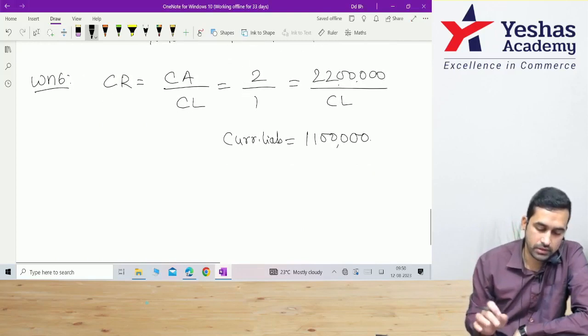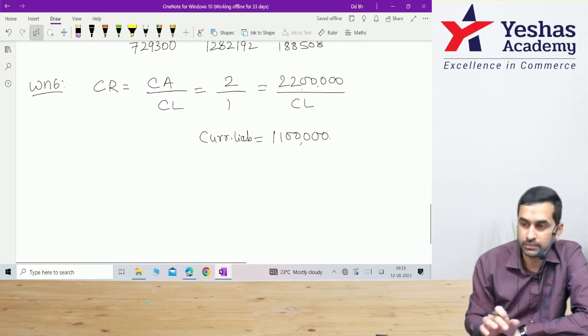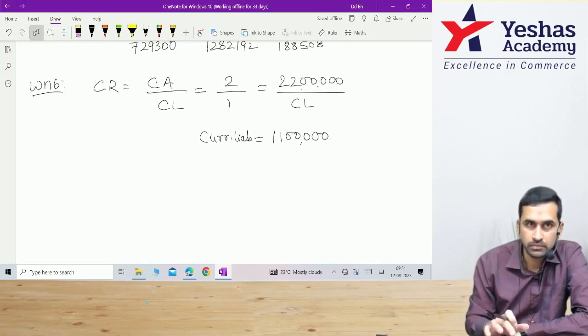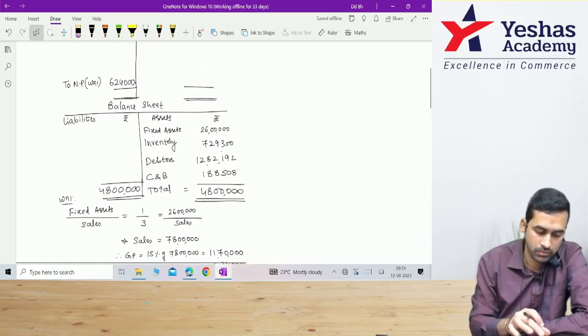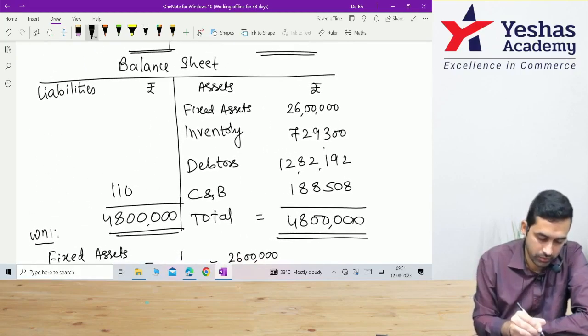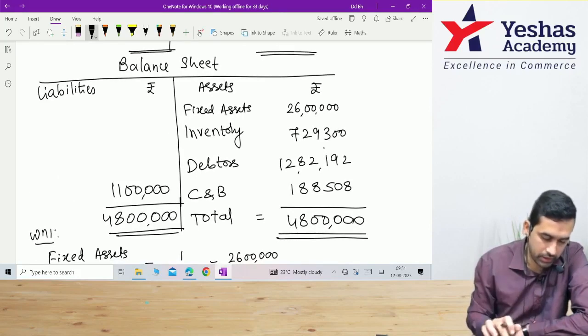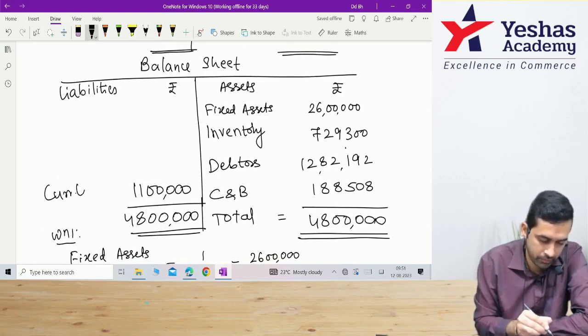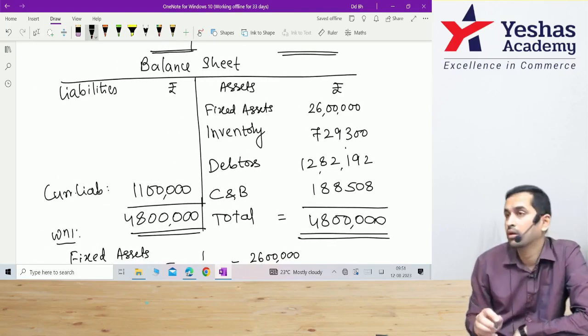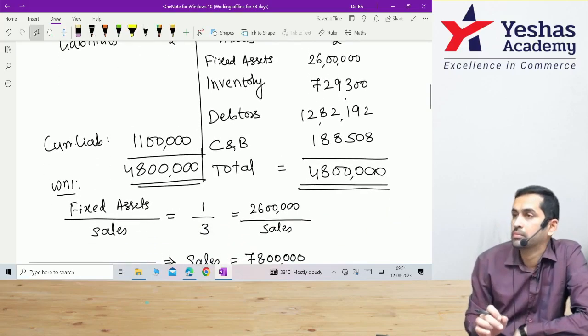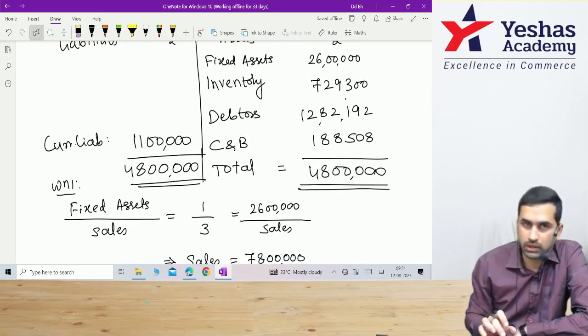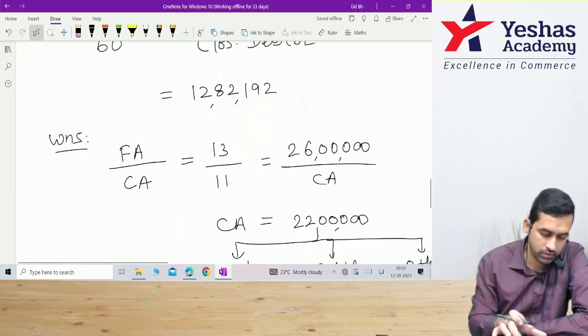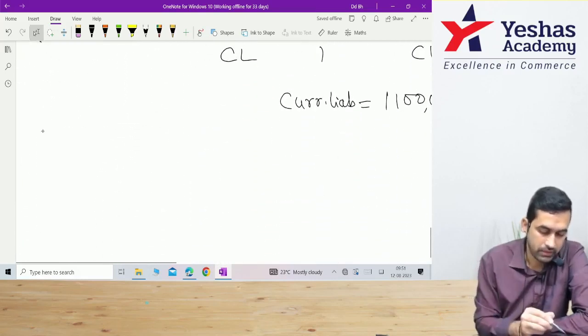First, write this 11 lakh in the balance sheet. Here, current liabilities. Now the working note number 7.